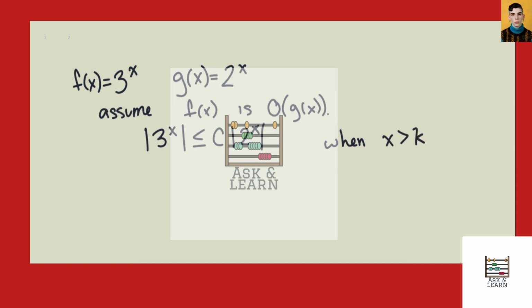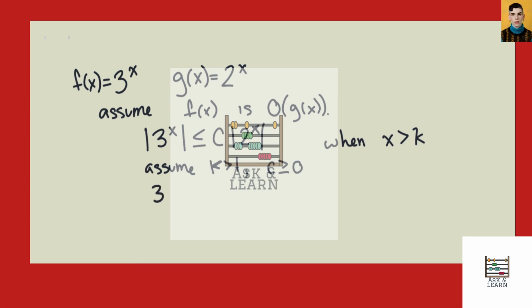So we don't know what these constants are. But we're just going to assume k is greater than 1. Right, so it's a very low boundary, so it's a safe assumption. And we also want to assume that c is greater than or equal to 0, which is also a safe assumption since absolute value is always non-negative.